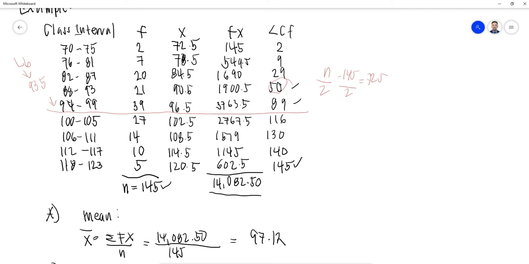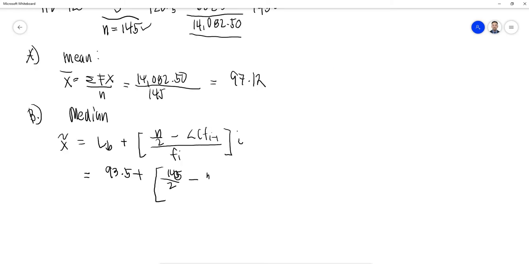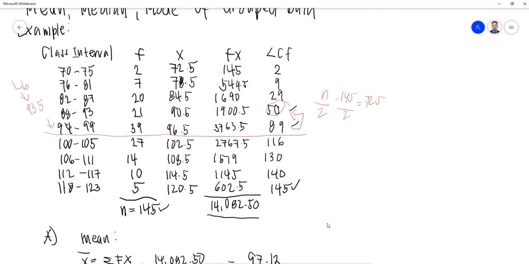This is the median class, and the cumulative frequency before the median class is 50. Divided by the frequency of the median class. The frequency of the median class is 39.